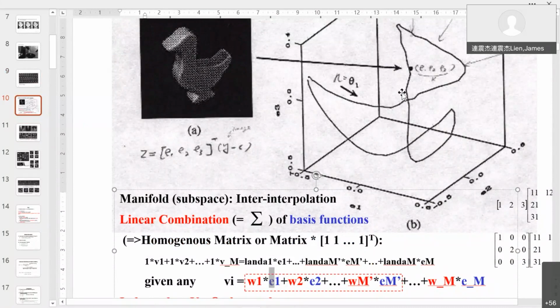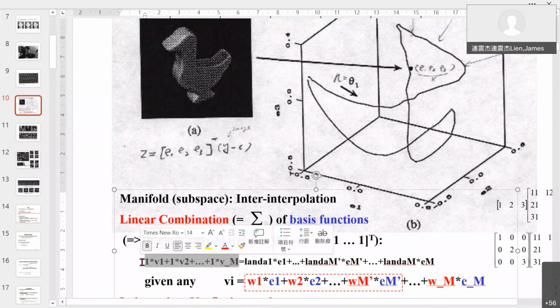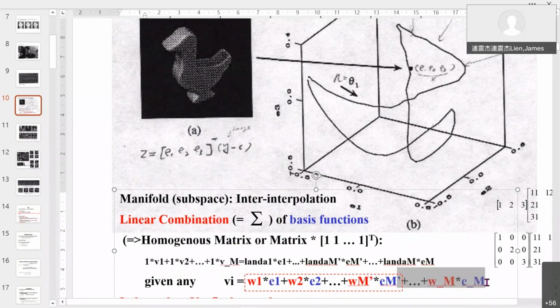So eigen has two purposes. One is dimensionality reduction.